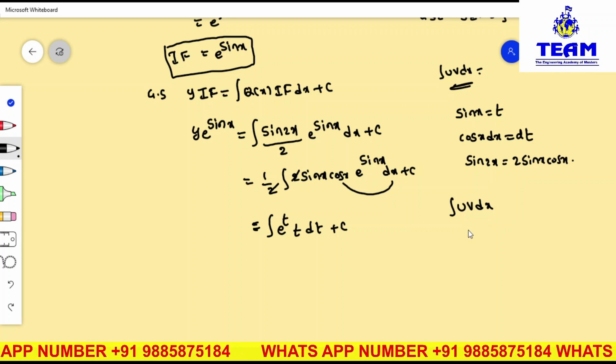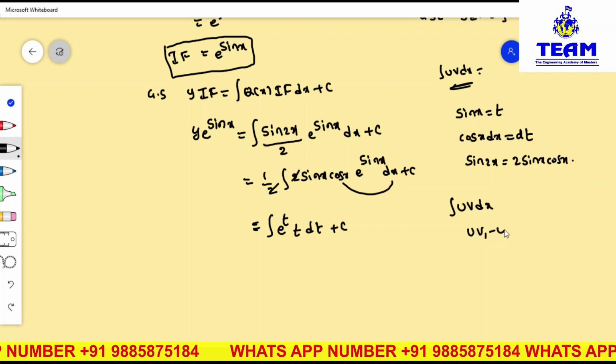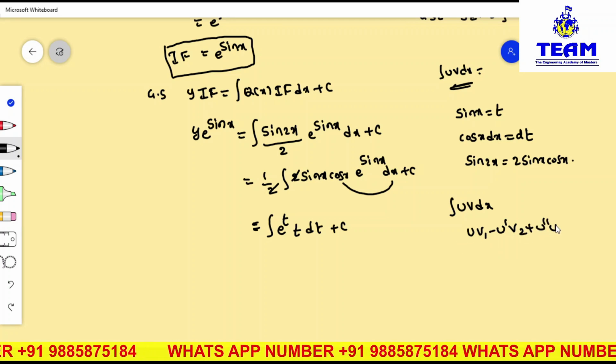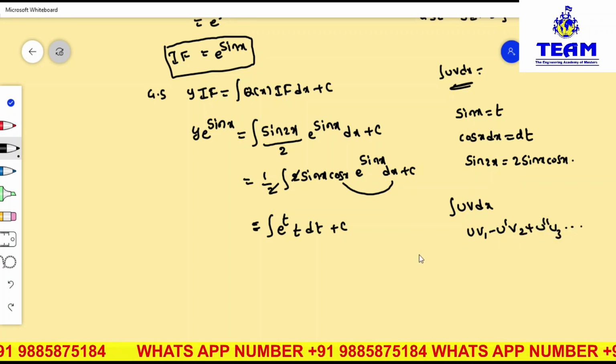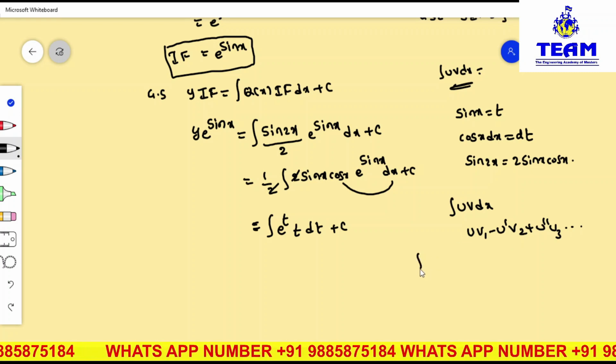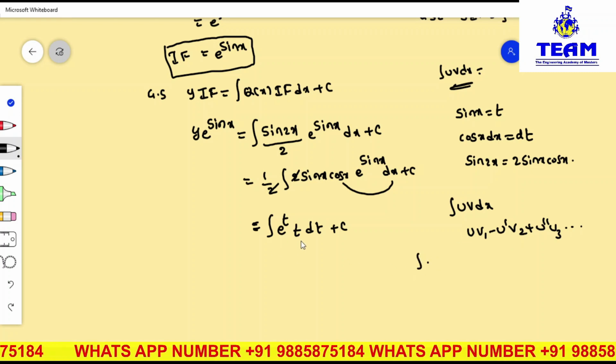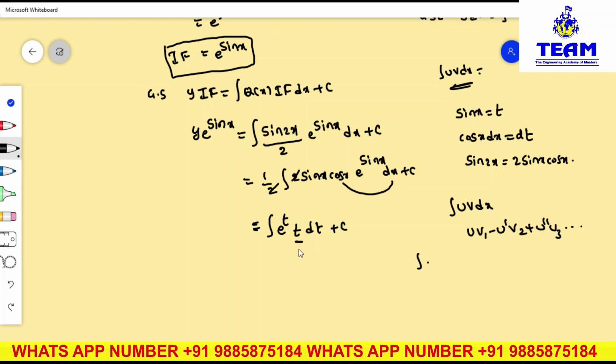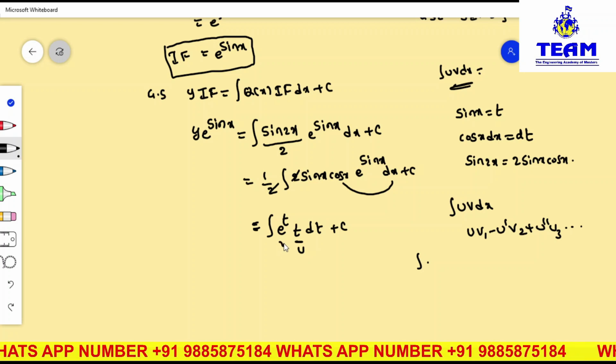Here we have u v1 minus u dash v2 plus u double dash v3, from the integral by parts formula. Now the integral of e to the power of t into t. The one whose derivative is decreasing, the polynomial, you consider as u, and the other you consider as v.